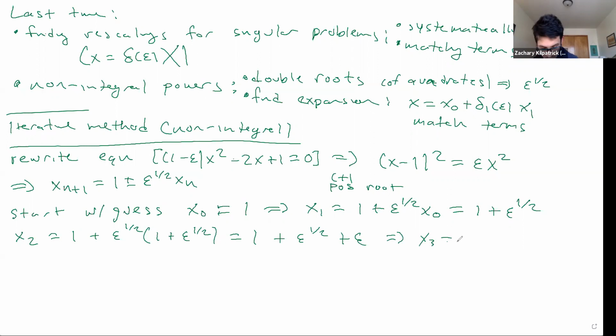Let's do one more term, and we get x3 equals 1 plus epsilon to the 1/2 now times this, right, which is going to give us epsilon to the 1/2 plus epsilon to the 3/2. Okay, so you can really see where this pattern is going, and you could probably derive a general formula for the full expansion, which would just be the sum over epsilon to the 1/2 to the n, right?